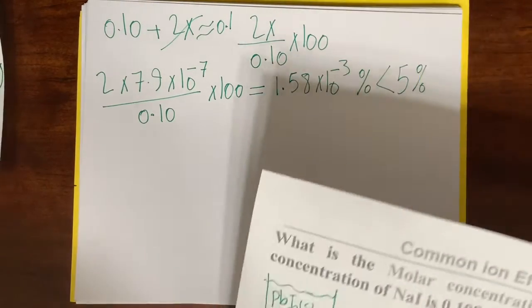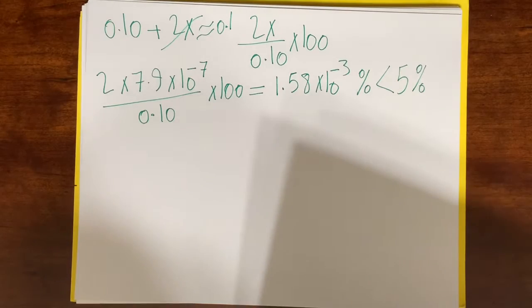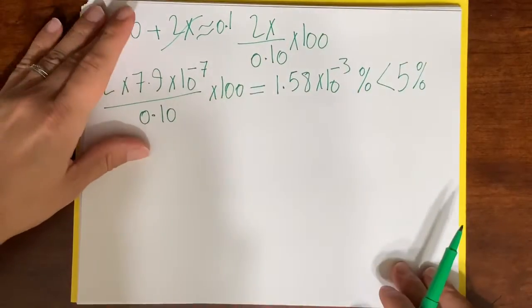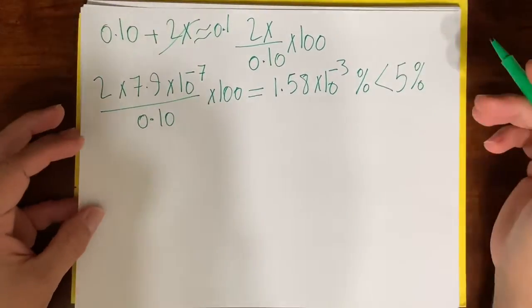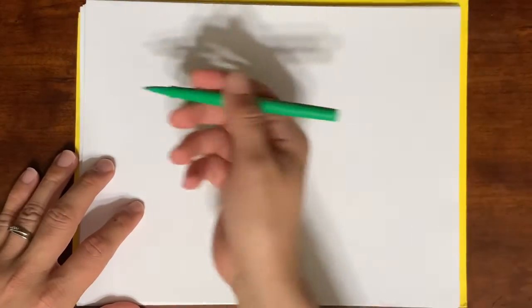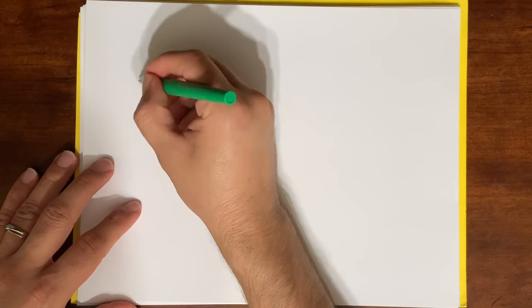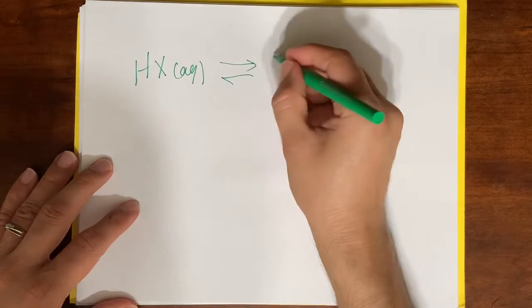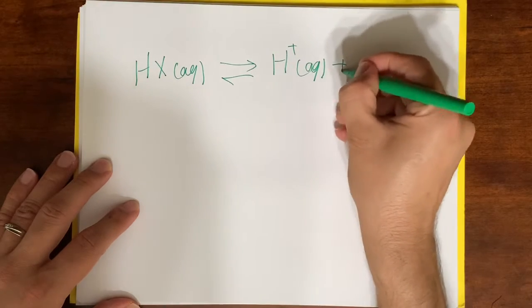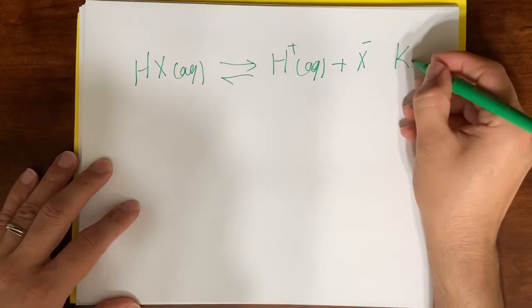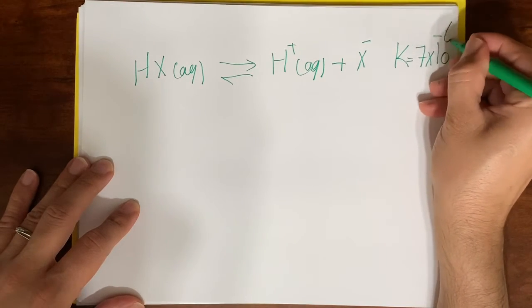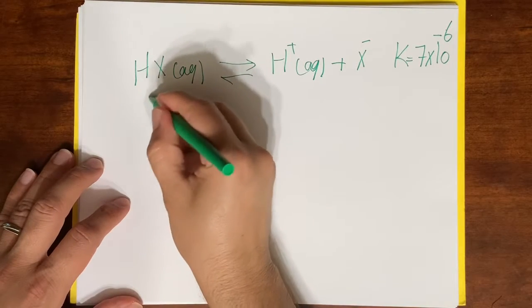Before I move to a new question, I need to tell you when you should go with the assumption and ignore X. Let's say you have a reaction HX in equilibrium with H plus and X minus, and K for this reaction is given as 7 times 10 to the power of minus 6, and the initial concentration is 0.2.